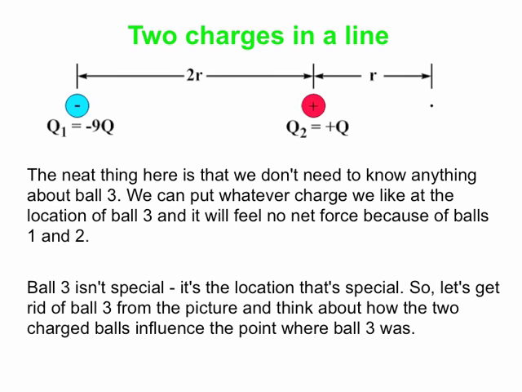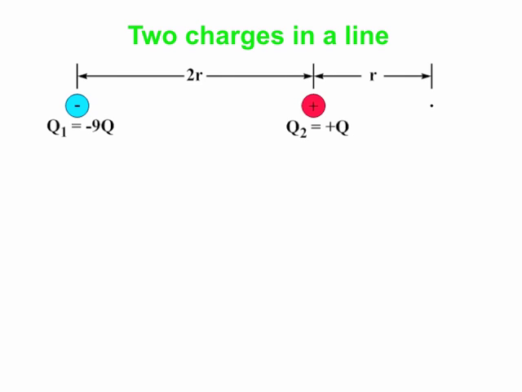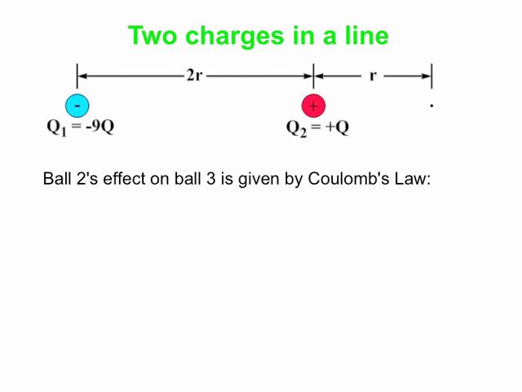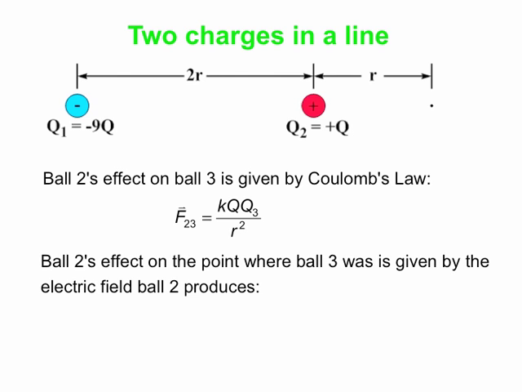Now we're heading into what we call electric field rather than force. When we had ball 3 in the picture, ball 2's effect on ball 3 was given by Coulomb's law. F23 is K times Q2, the charge on ball 2, times Q3, the charge on ball 3, over R squared. Now, if you get rid of ball 3, you can say charge 2 has an influence on that point where ball 3 used to be, and that influence is given by what we call the electric field.